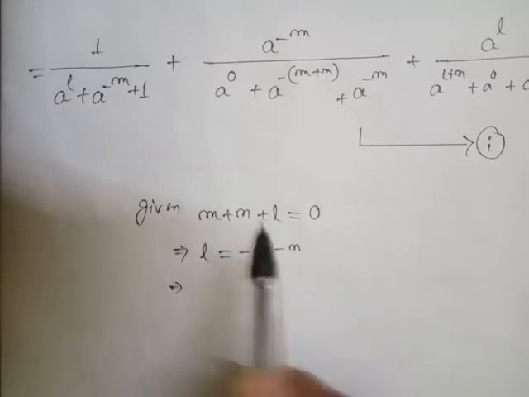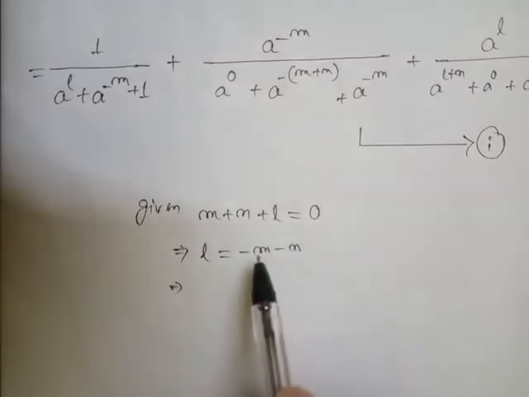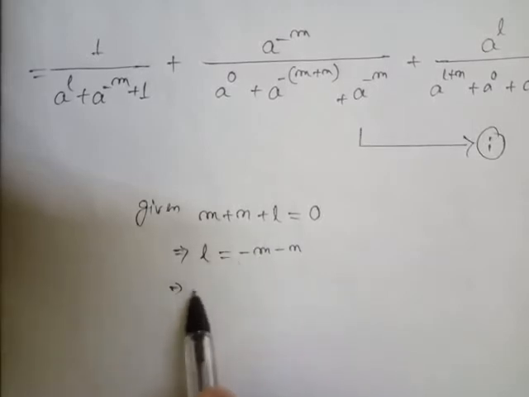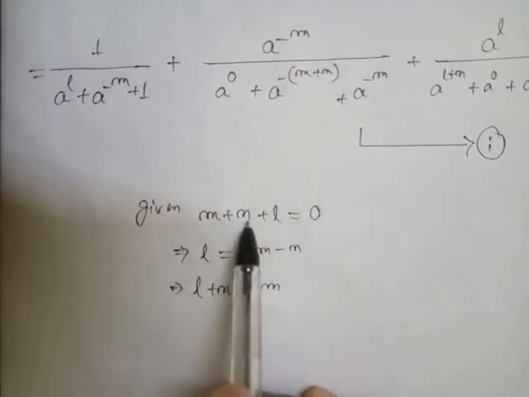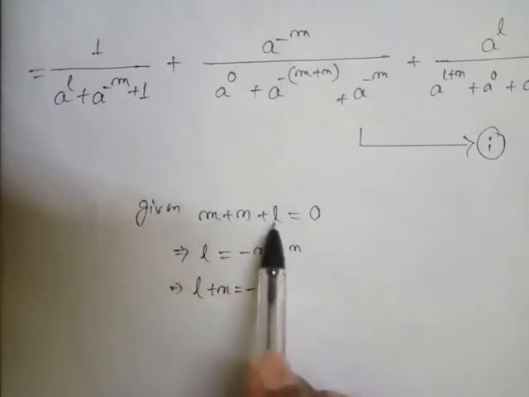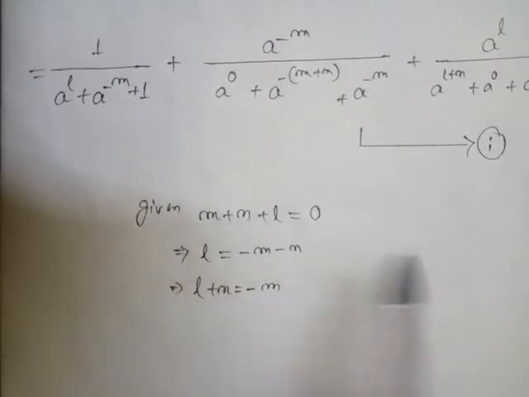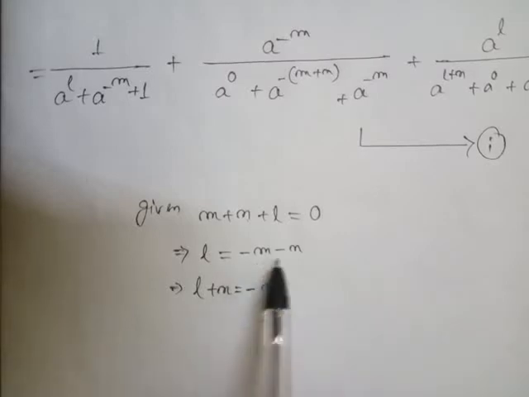if I take only n here, then this could be minus m here, m plus n plus L equal to 0. Now if I keep L here and take these two on that side, it becomes minus m minus n.